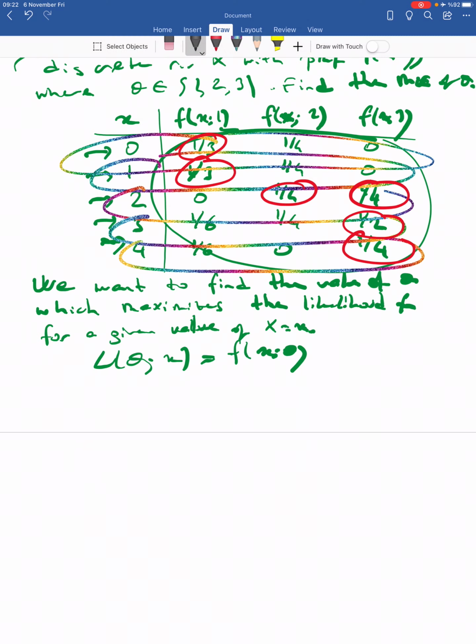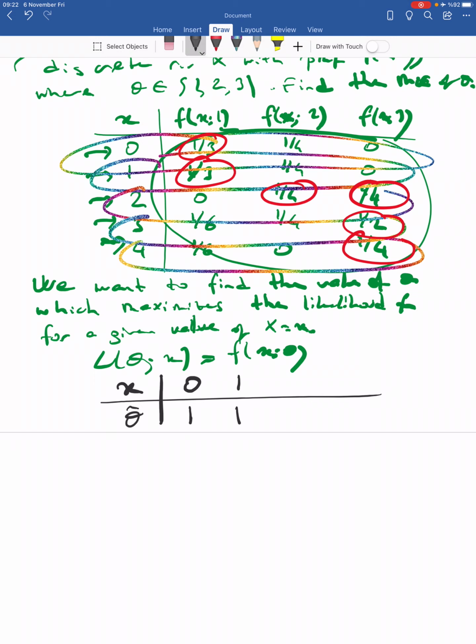Let's write the maximum likelihood estimators for different observed sample values. We want to find a possible value of theta based on the sample information. When x is observed as 0, the likelihood is maximized at theta equals 1, so theta hat is 1. When x is observed as 1, the maximum likelihood is again obtained at theta equals 1, so the estimate is 1.